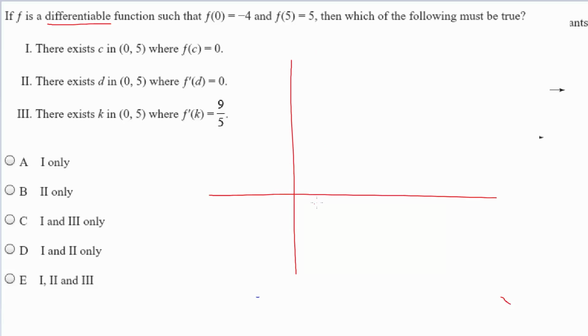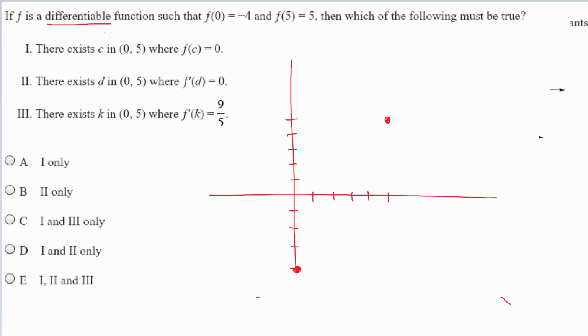F of 0 is -4, and f of 5 is 5. And it's differentiable, meaning it's continuous and no sharp points. And it's derivable the whole way.